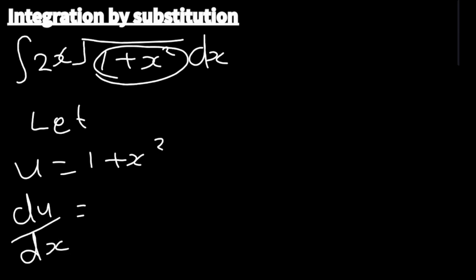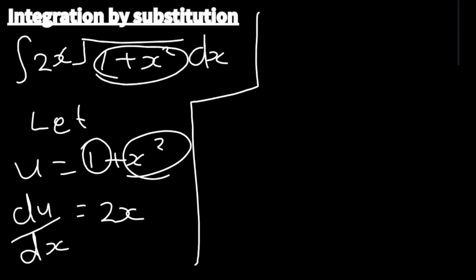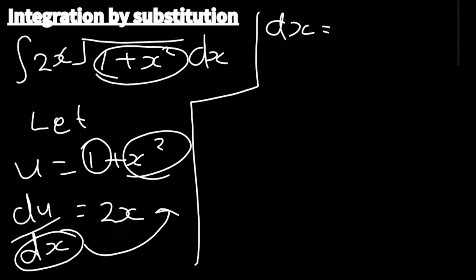The derivative of 1 is 0, the derivative of any constant is 0, and the derivative of x squared is 2x. The next step is to make dx the subject. We take dx the other side and bring 2x the other side. So that will be du over 2x.